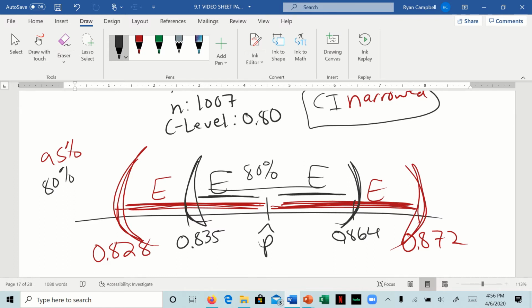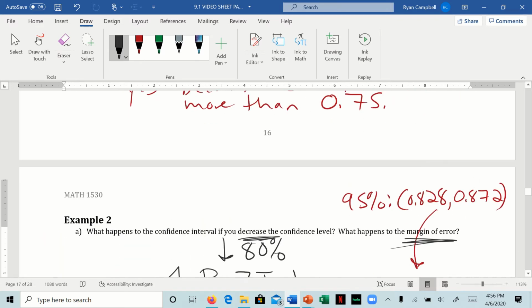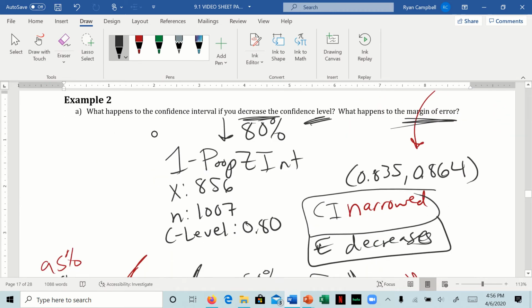Do we see how it gets smaller? 95% is a way bigger margin of error than the 80%. So we see that E decreases as well. So if the confidence level decreases, the margin of error also decreases, and the confidence interval narrows.